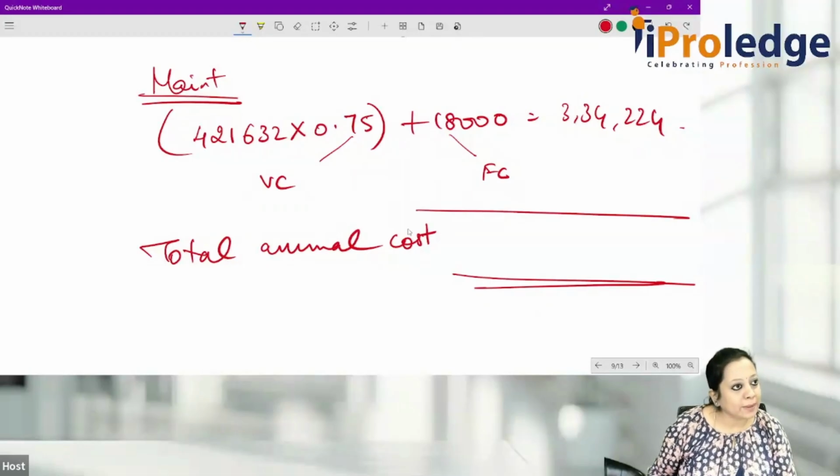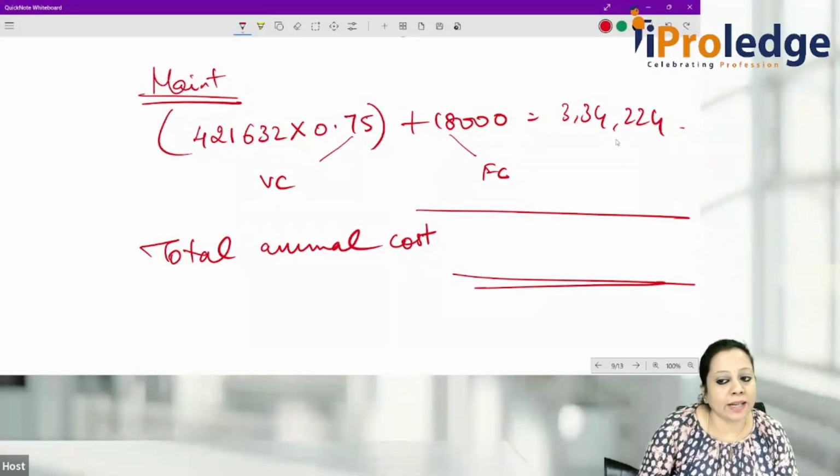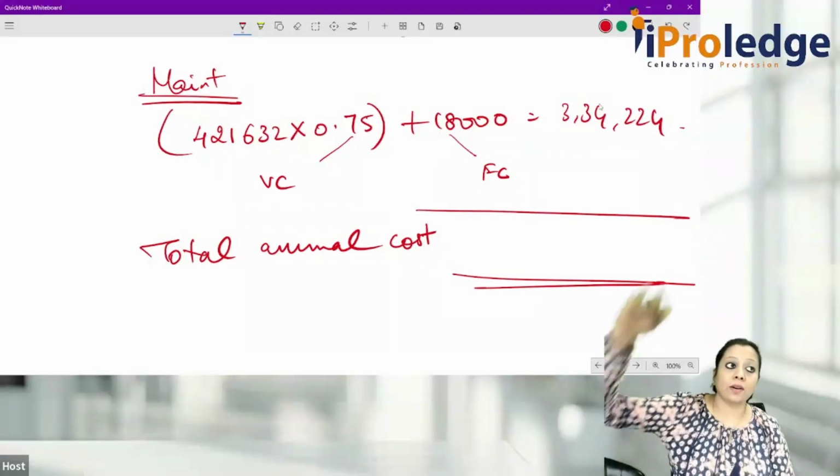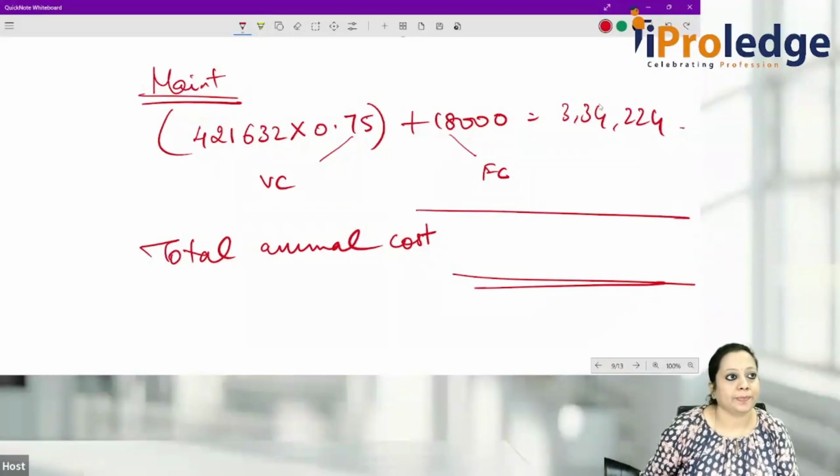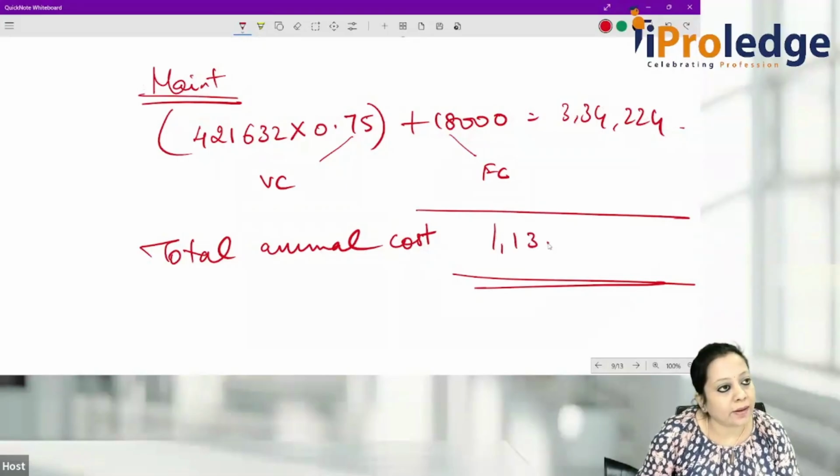Done, everyone. How much is it? Adding this, the total cost is 3,34,224, yes.